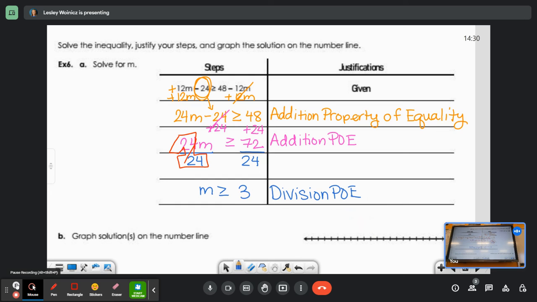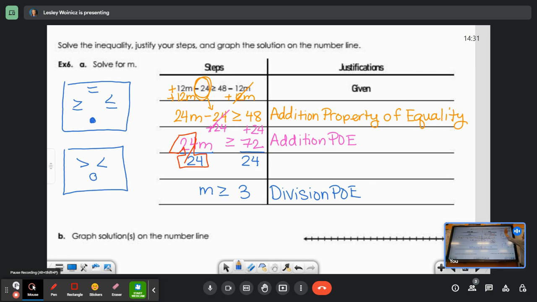If you didn't remember, anything that has an equal sign in it, like any of these three, has a shaded dot, right? Kind of looks like a little face. If there isn't an equal sign in it, it's an open dot.